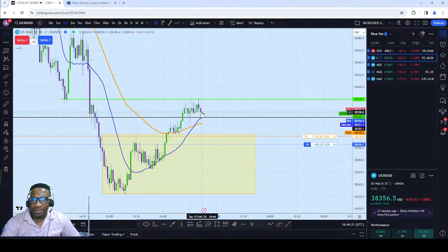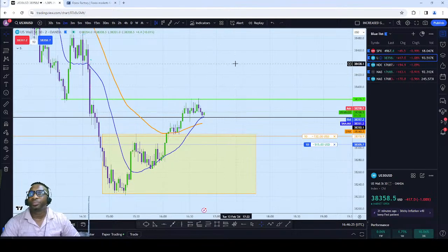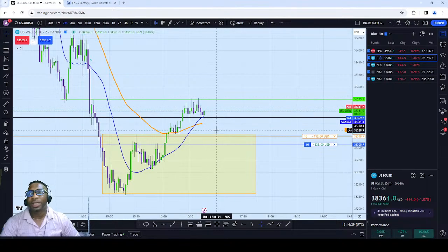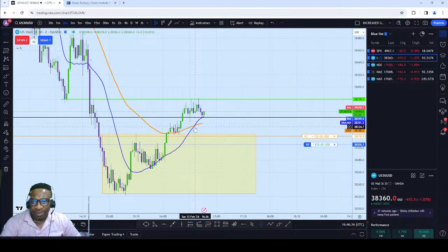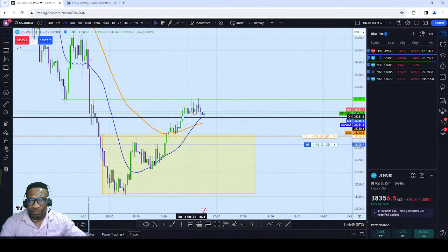If that is the pullback, then we expect another push up after it. It crossed over here when price was here, and it is after this crossover that we are seeing this pullback.